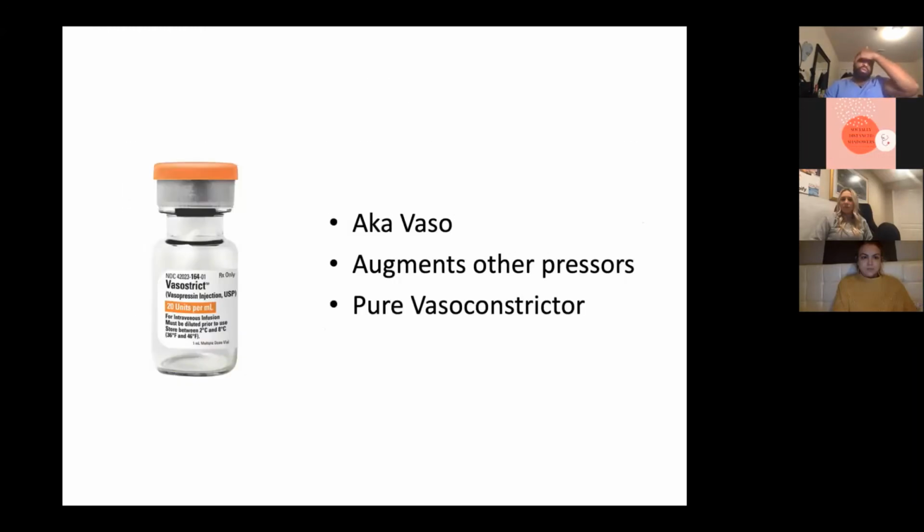All right, so this is vasopressin. So this is vaso. So vaso is another good one. Whenever you already have a pressor like Levophed, vaso is good because it augments other pressors. Because this one is just a pure vasoconstrictor, right?